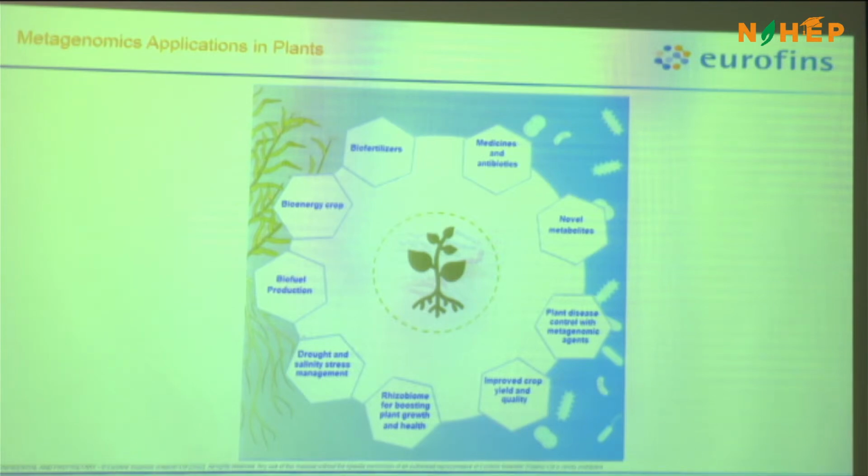Then plant diseases is another field where, for example, with a viral infection in a plant, if we are not able to identify what the infection is, then we can do virome analysis to identify which virus it is from the plant. So how do we do it?